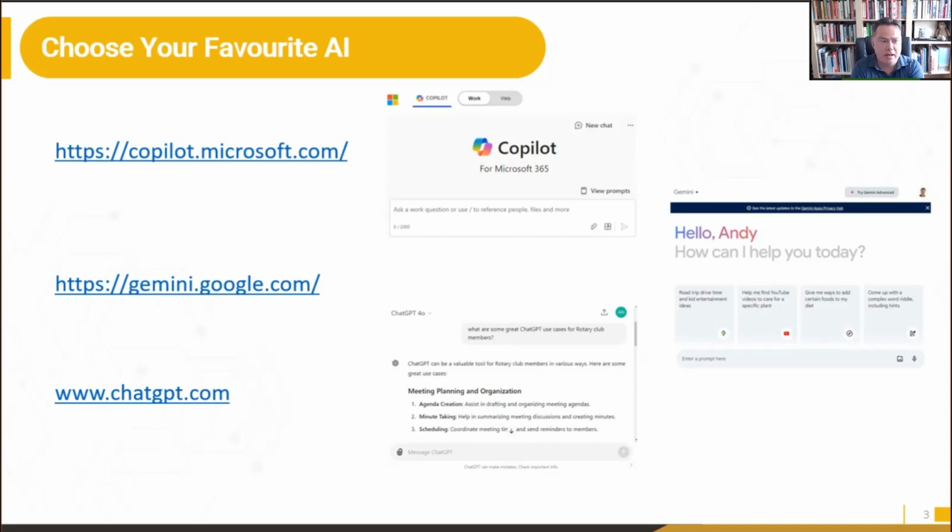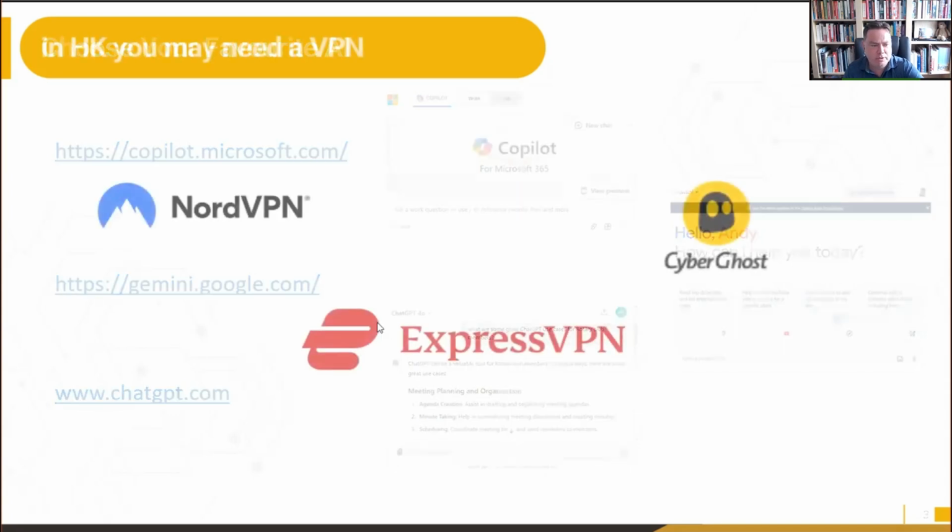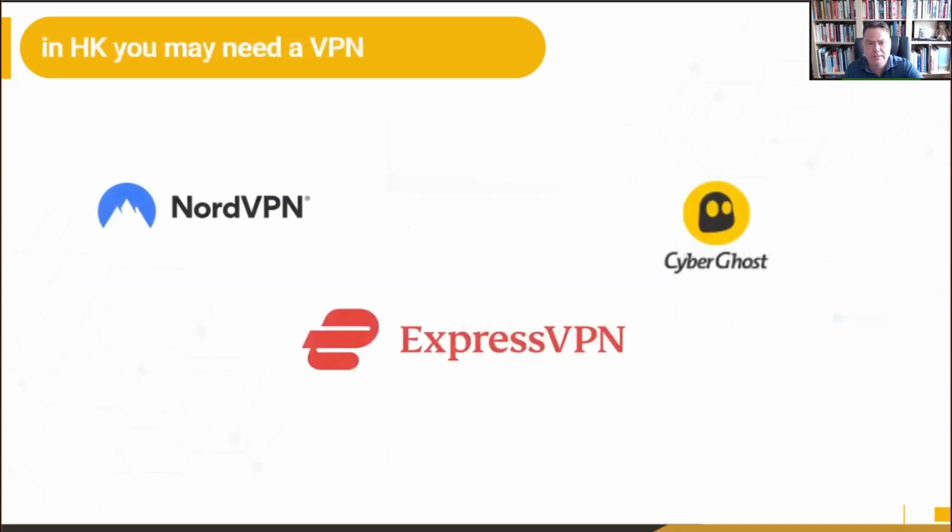And again, Microsoft Copilot, or the Copilot app, is also another tool that you can use for translation. You can talk into it and then ask it to translate to a different language, and they do a pretty good job. So you choose your favorite AI.